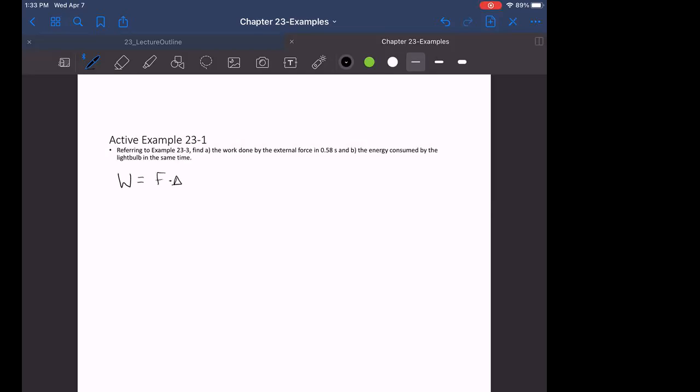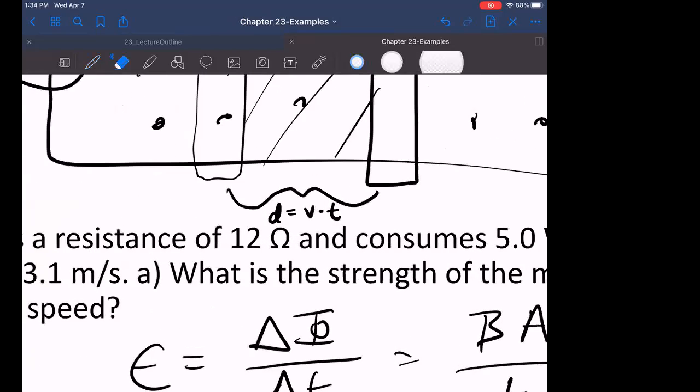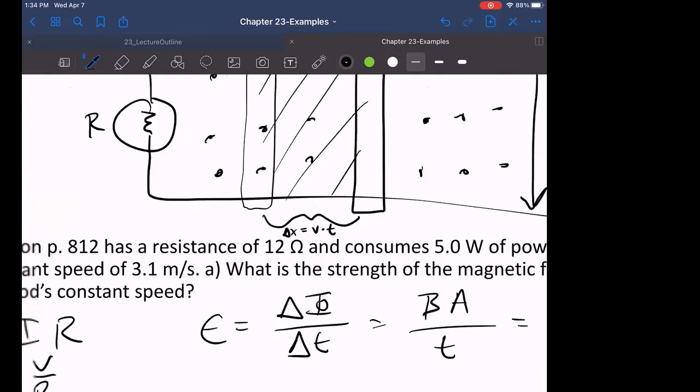Force times our displacement, F delta x, assuming this force is parallel to that displacement, which in this case it would be, right? The way we're pushing this thing. So we need the actual displacement, which is what? VT.